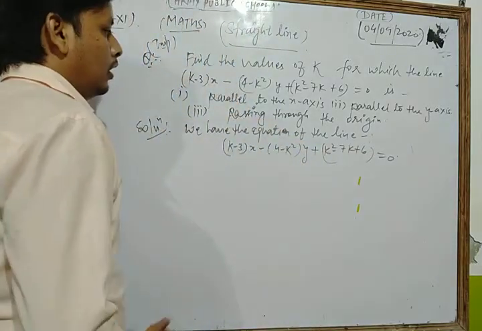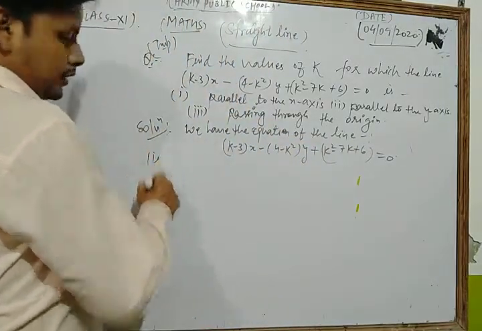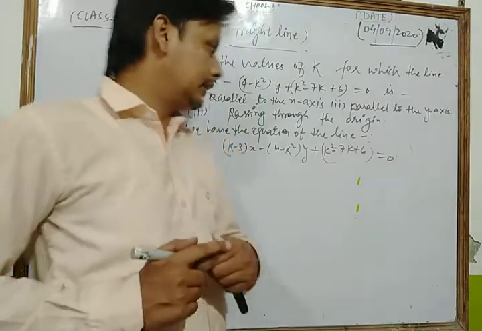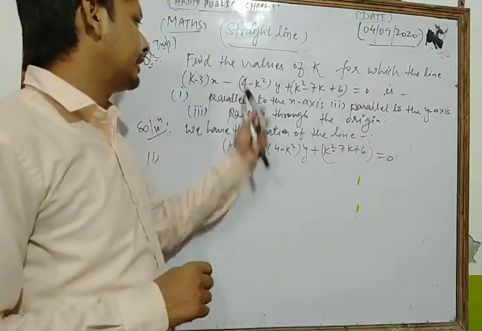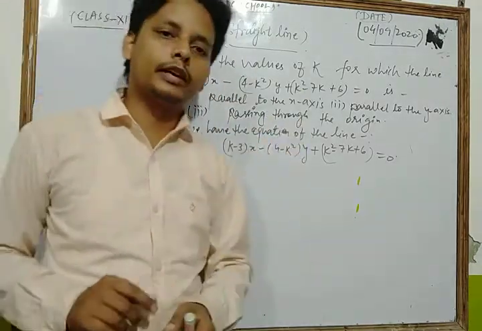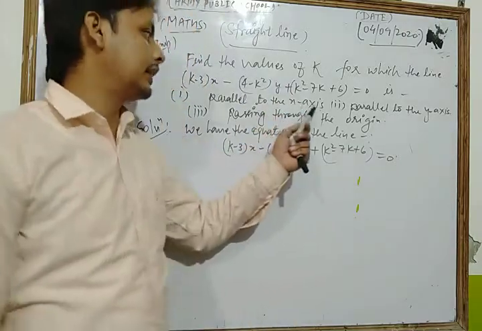Now look, we take the first part of this question and solve it. Your question is to find the value of k for which the equation of the line is parallel to the x-axis.